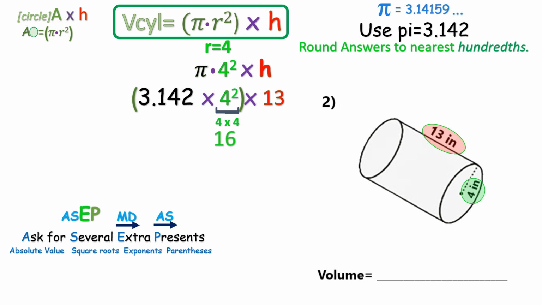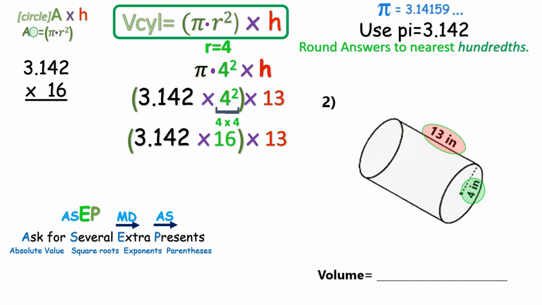4 times 4 is 16. Everything else comes down. So now I have the pi, the 3.142 times the 16, which is the r squared. I'm going to do that first because it's in my parentheses.